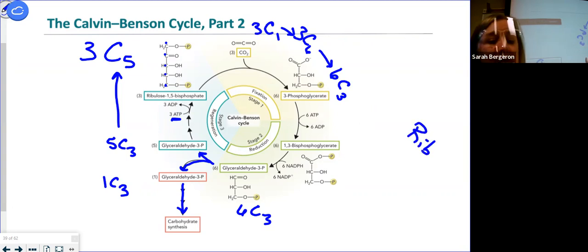Rubisco? It was the what? Most abundant protein on the entire planet. That is how we get around this being slow. Even though it has a negative delta G value, it's slow. So we put a ton of Rubisco in the plant cell, and we can have enough of a product that this is a useful mechanism. Isn't that really cool?